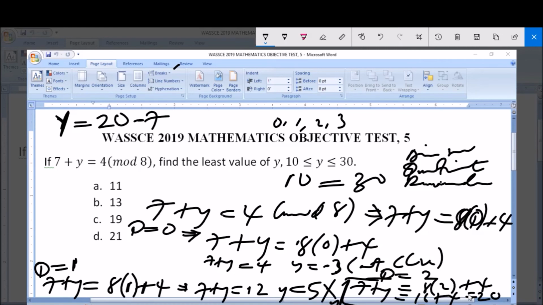So 7 plus y is equal to 20. So y is now 20 minus 7, which is 13.